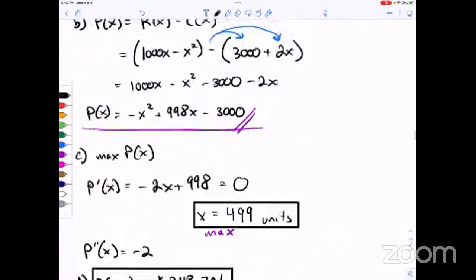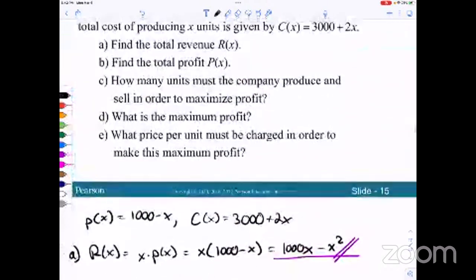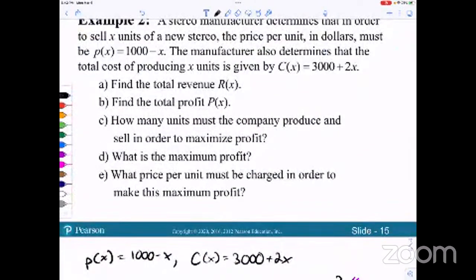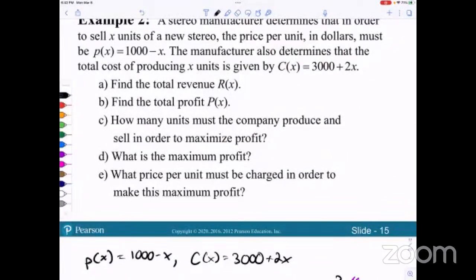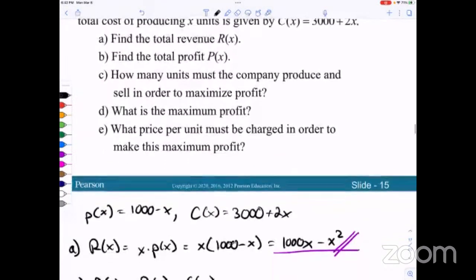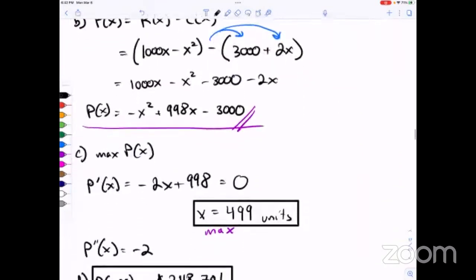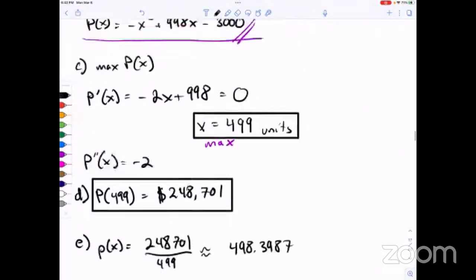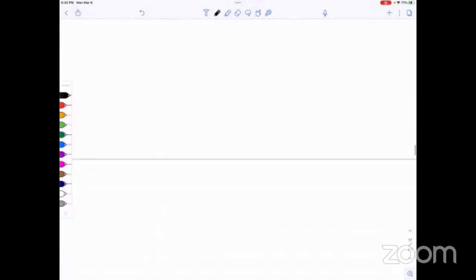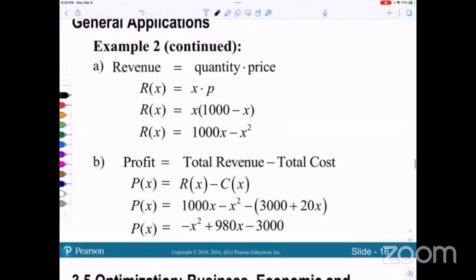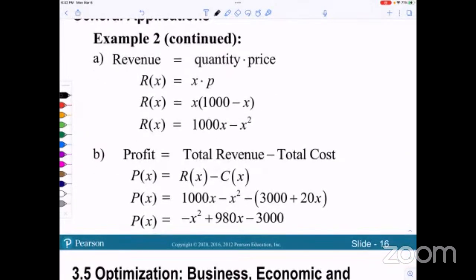Let's see, the cost function, we got a 2x. Something's off. Let me see. Did we get the wrong? Because sometimes the function doesn't display properly. Cost function right there. I think one of the cost functions is off. Ours had a 2x, but they have a 20 here.